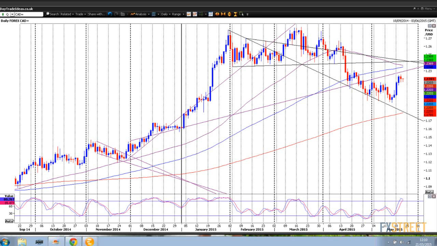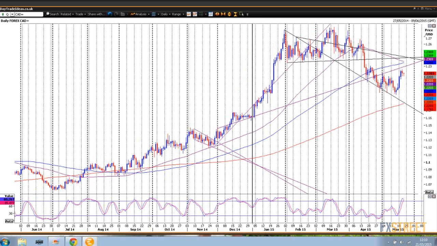We've had a good recovery. Right, okay. I can see what I'm doing here now. Let me see, I need to go back to 2012. I'm actually going to flick this onto a weekly chart so we can have a slightly longer term perspective on it.